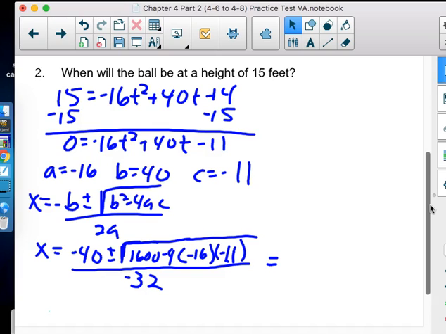All right, so let's see what we have underneath that massive square root. Let's just assume you didn't want to do 40 squared in your head. Parentheses 40 squared minus parentheses 4 times negative 16 times negative 11. 896.